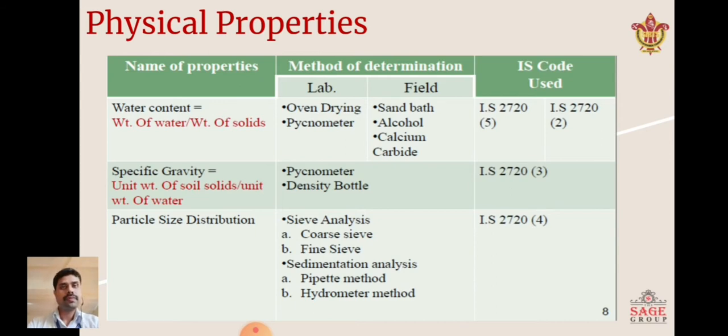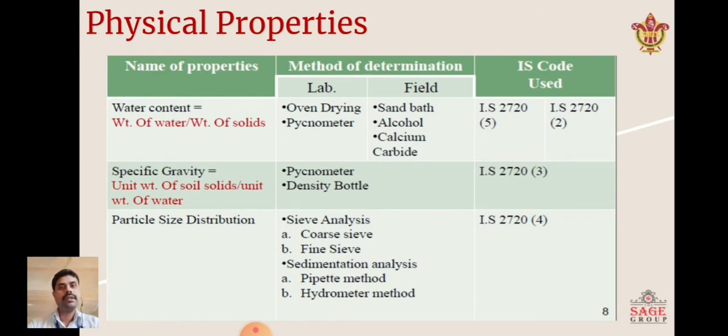So the first property is water content. As we all know, the soil has some amount of water or moisture in it. So the first property on which we identify or categorize the soil is water content.